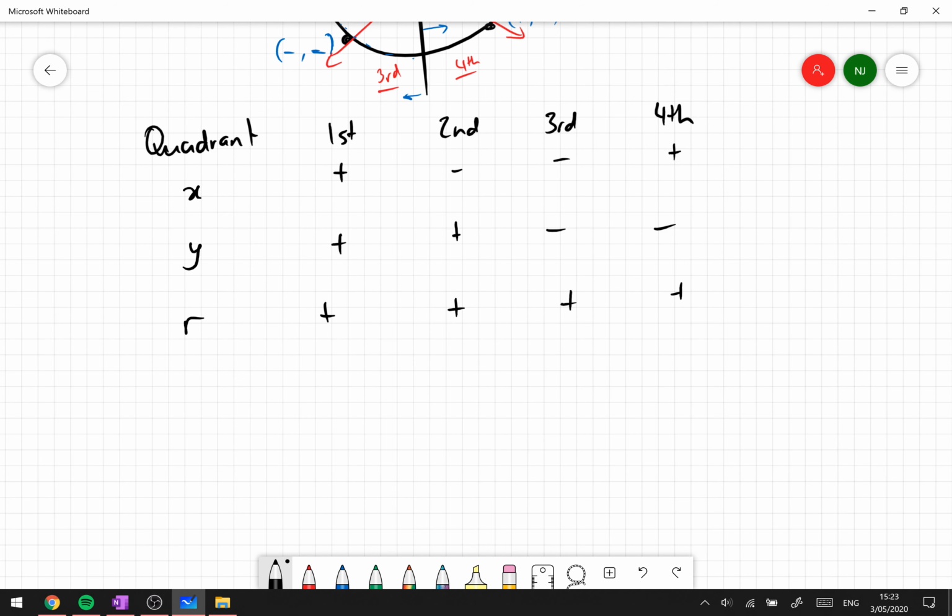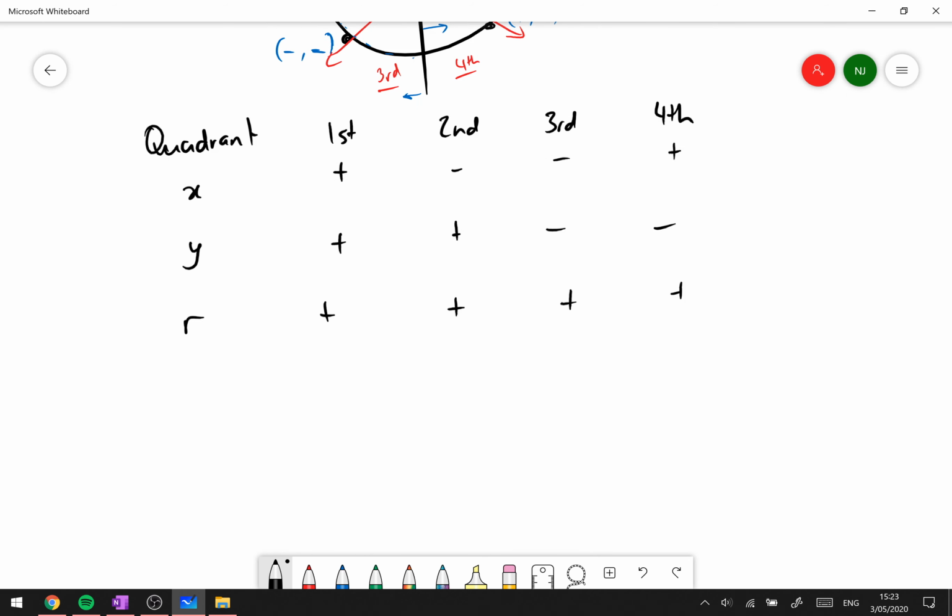So this is where the signs of our trigonometric ratios come in. We remember sine theta was equal to y over r, cos theta was equal to x over r, and tan theta was equal to y over x. Also remember that cosec, sec, and cot were just the inverses of these.